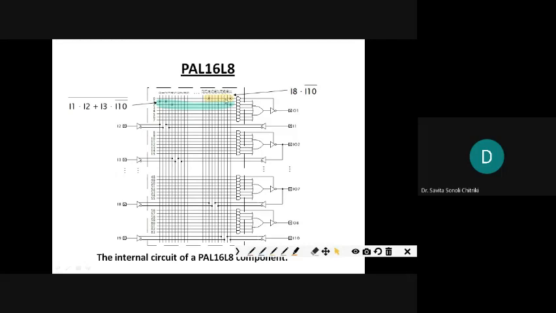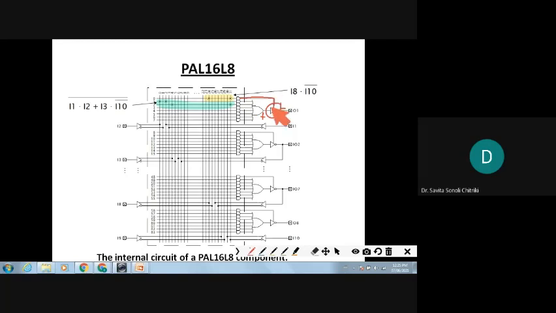Is it clear to you all? Yes. This is very important. Earlier we were getting our F here only. Now we are getting F bar, the inverted output, plus controlled by this fellow.